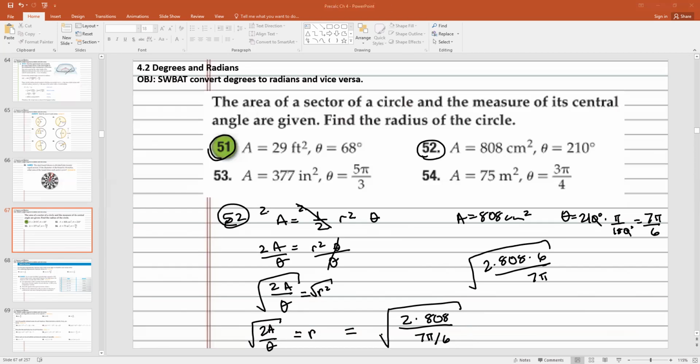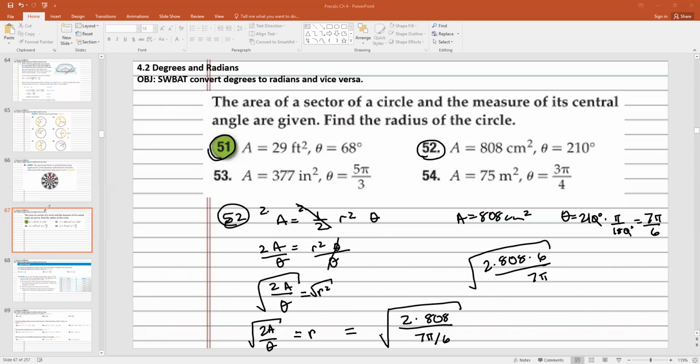Let's use Desmos. So square root first. Then I'm going to hit division. 2 times 808. Go down to the bottom. 7 times pi divided by 6. Boom. It says to find the radius.